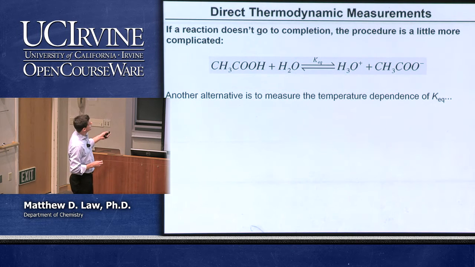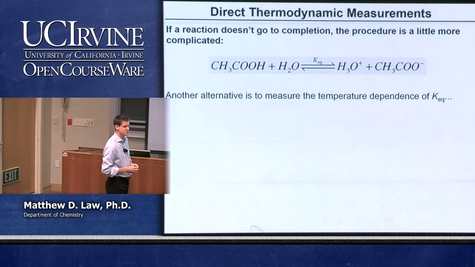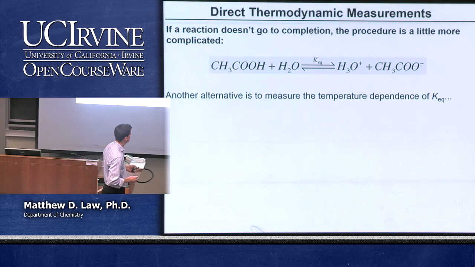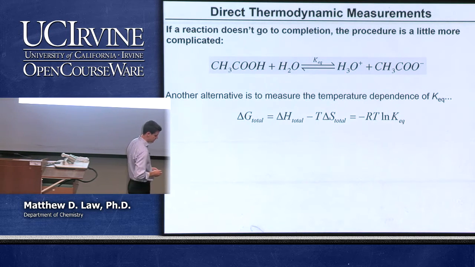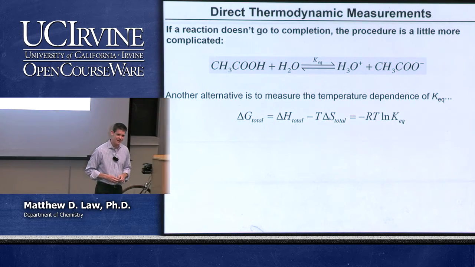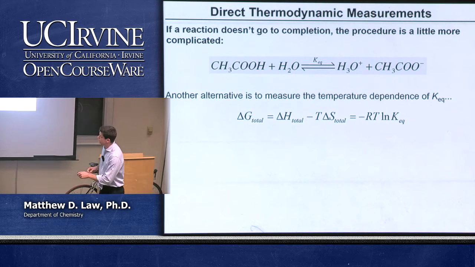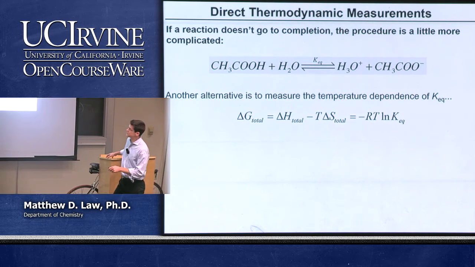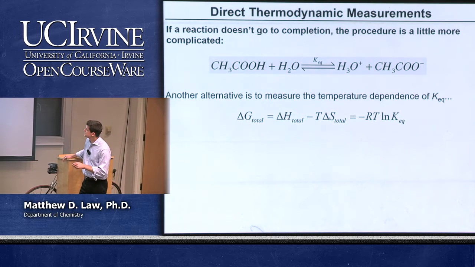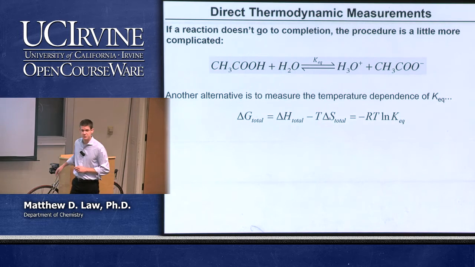Another way that we can do this is we can use Van't Hoff's equation. So we can measure the K_eq at different temperatures, and then we can plot that versus inverse temperature, get a line, and then fit it. If you remember, delta G is equal to delta H minus T delta S. And we can set the delta G equal to negative RT ln K for any reaction.